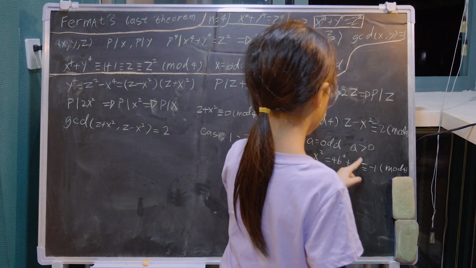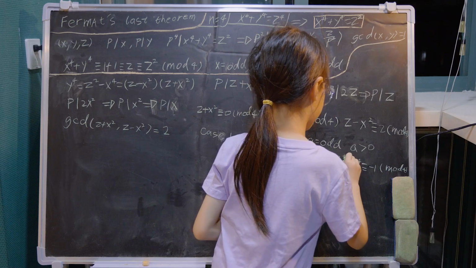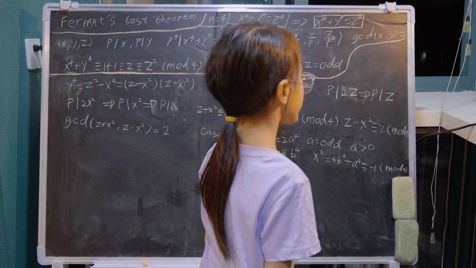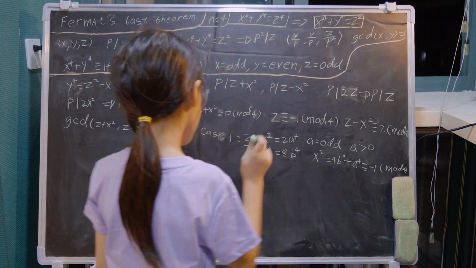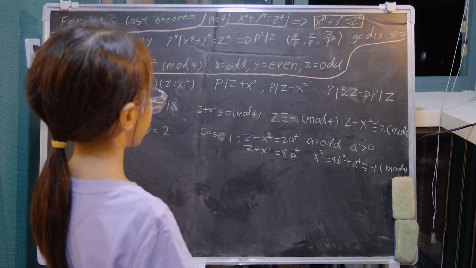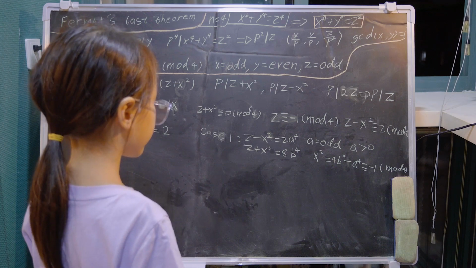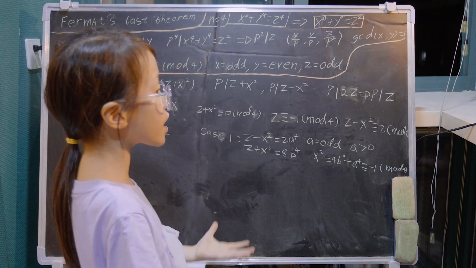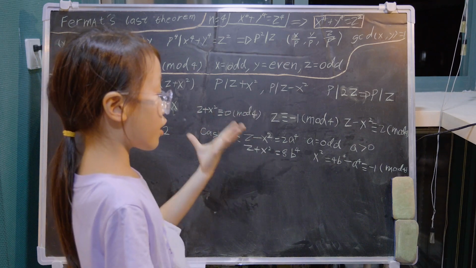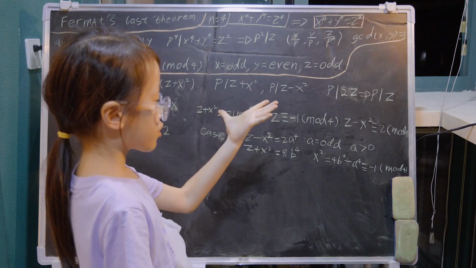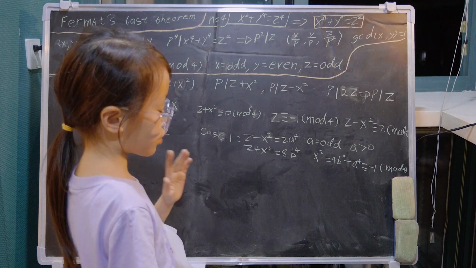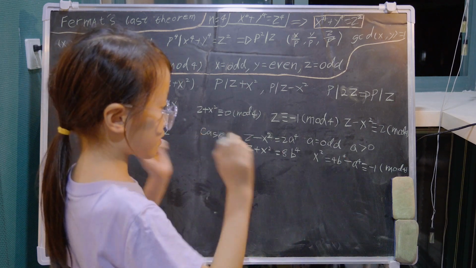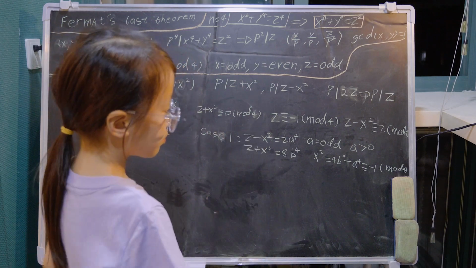But let's see, sorry, it is minus. And this part, I mean negative a to the 4, because a is an odd number. An odd number squared is an odd number, and the square of that odd number again is an odd number, so that's congruent to 1 mod 4.